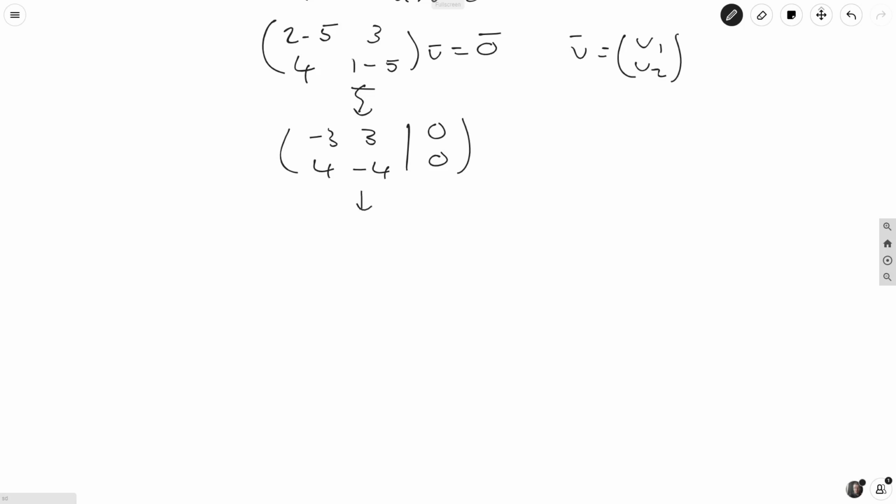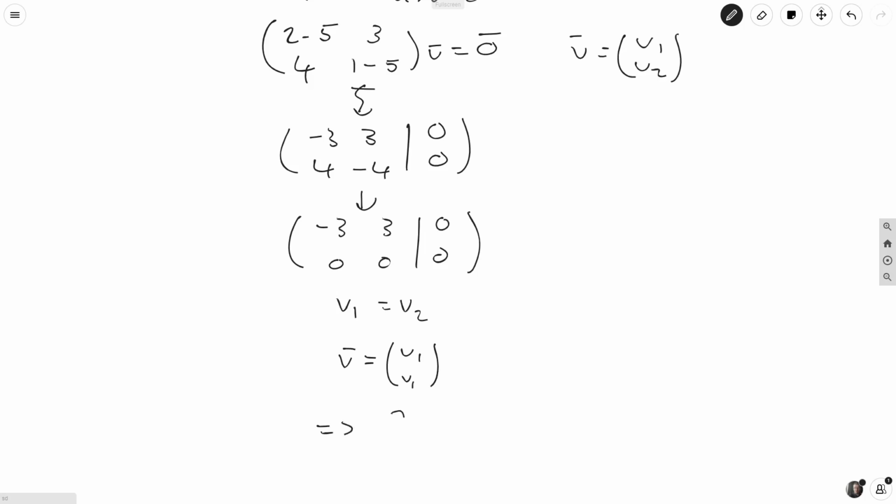But these lines clearly cancel with each other, because if I multiply this by minus 4 over 3, they become the same line. So we get minus 3, 3, 0, 0, 0, 0. And this implies v1 is equal to v2 after we divide across by 3. So therefore, v bar is equal to v1, v1.